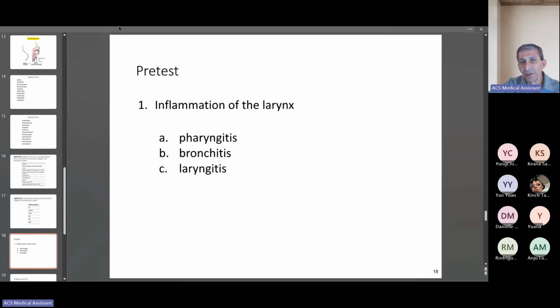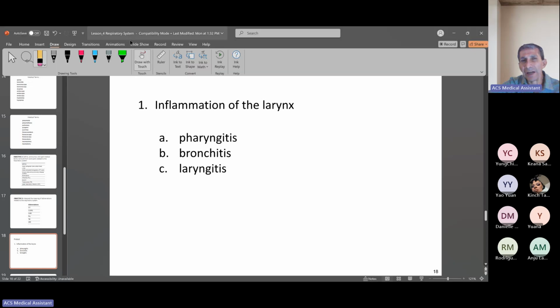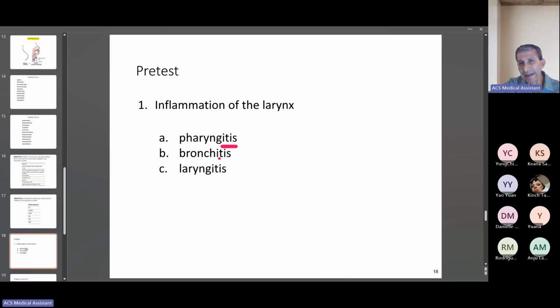Here you have the same number, because you have iris, iris, and iris. But look at this, larynx, this is a given. This is the only one that has this. Everything else, the bronchi and the pharynx. So the correct answer should be C.